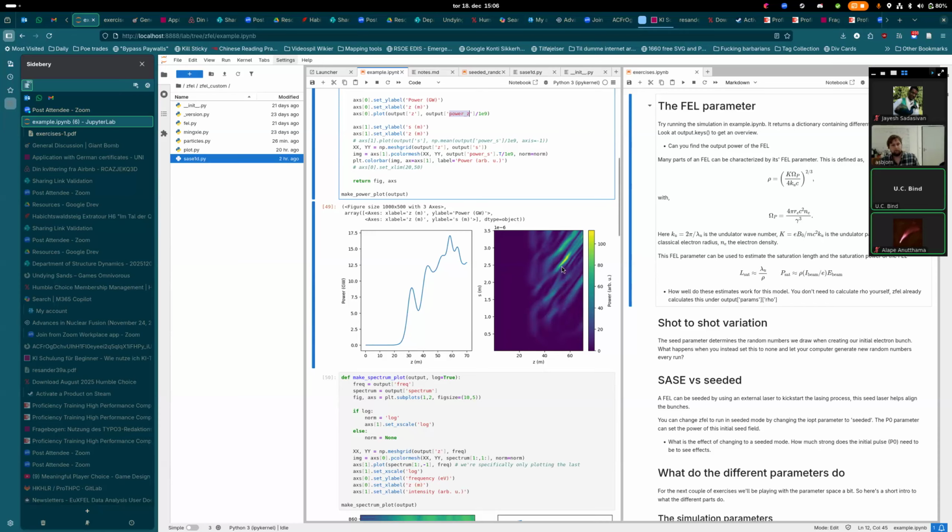And this occurs in a very random manner because lasing starts out of the shot noise, essentially. It's spontaneous emission that triggers the lasing. So for every bunch and every laser shot, the spectrum, so this spike distribution of light emission, looks different.